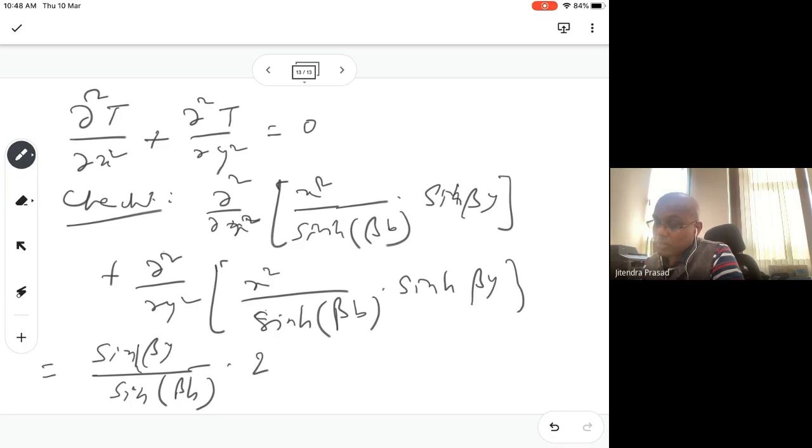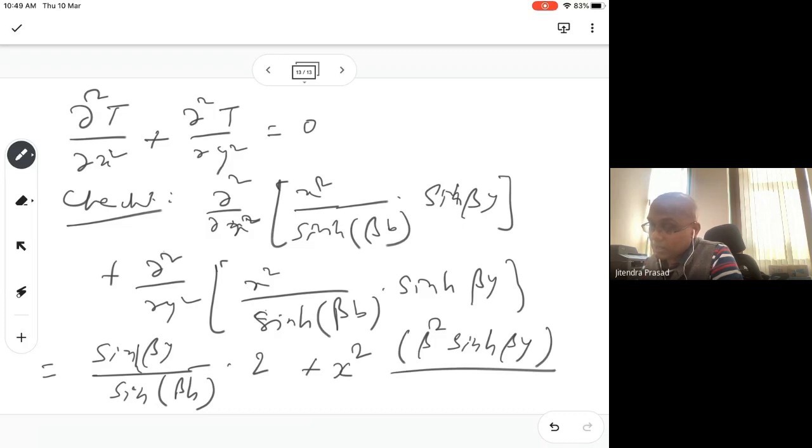Okay, and then plus x square, and then we get beta square sine beta y, double differential, like that, right?